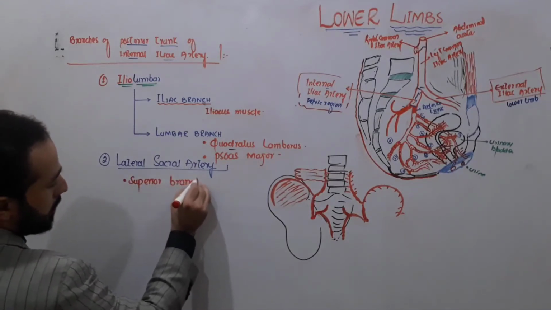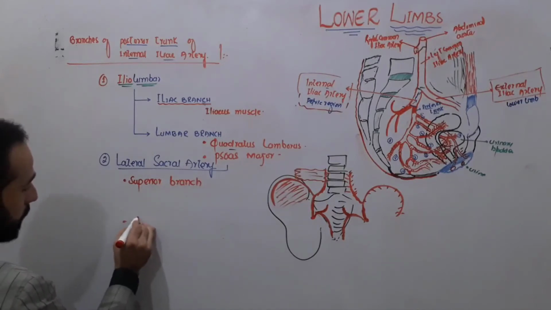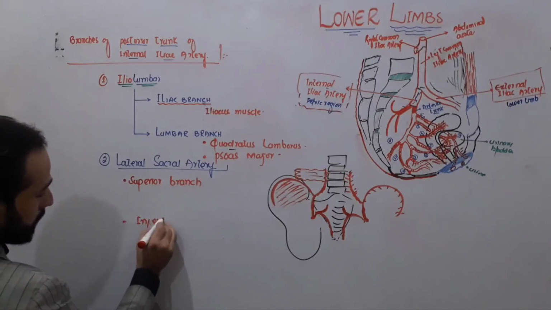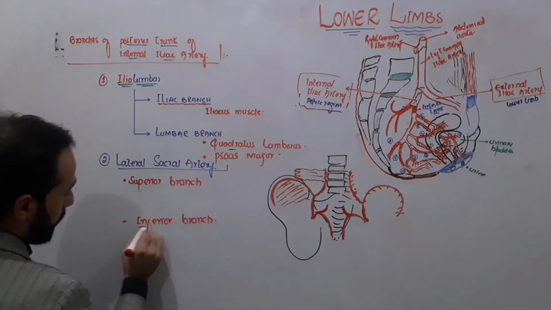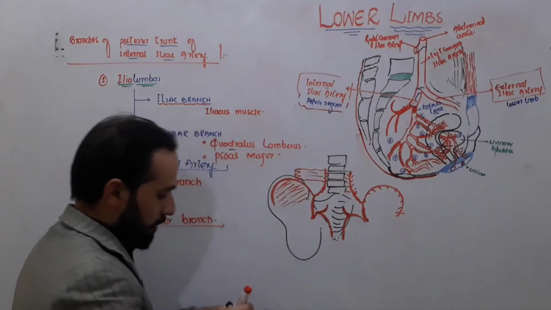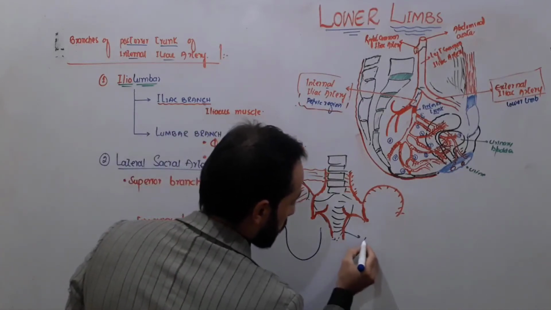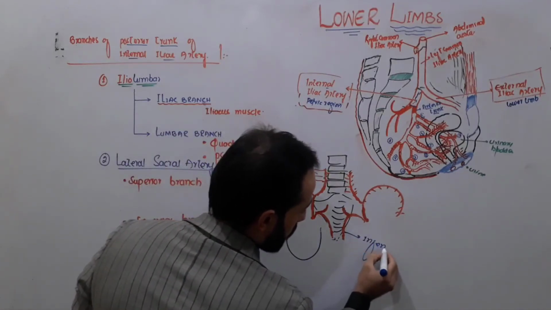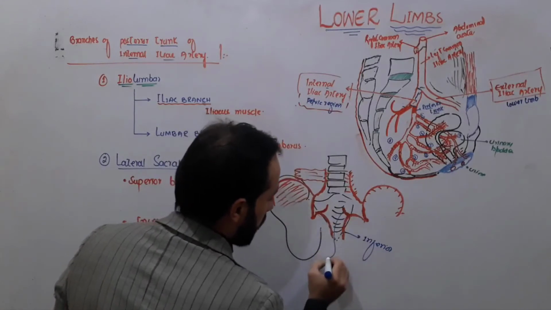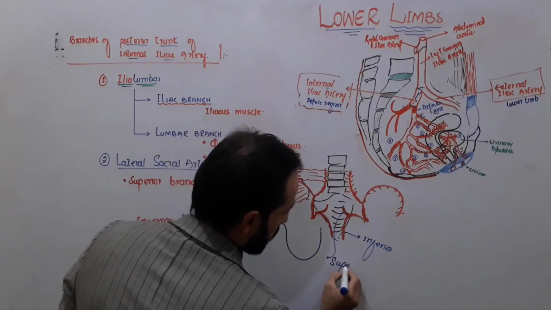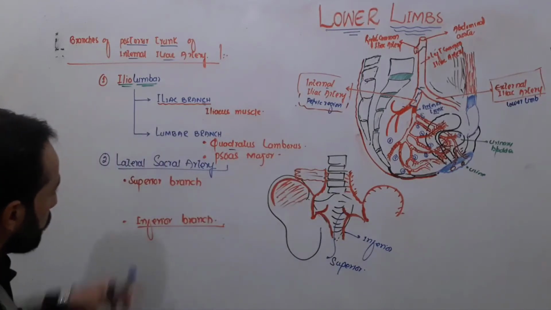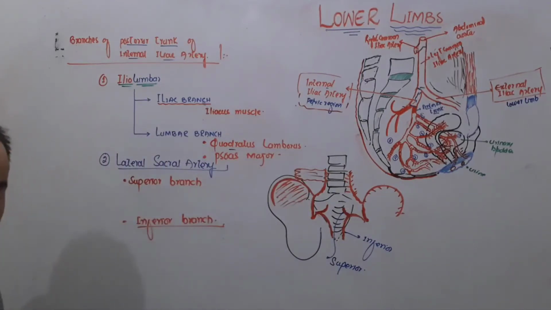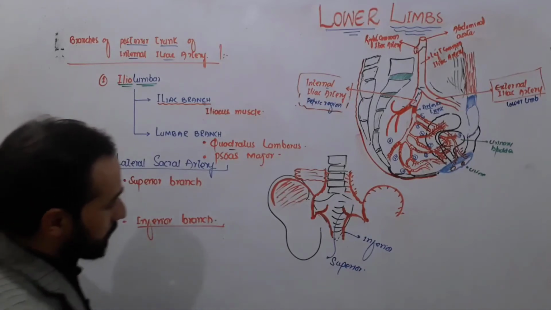This will be its inferior branch, and this will be its superior branch. So this superior branch is responsible to supply blood to the erector spinae muscle.